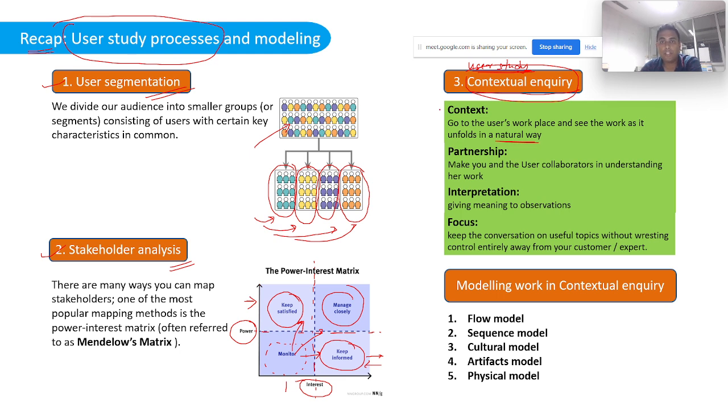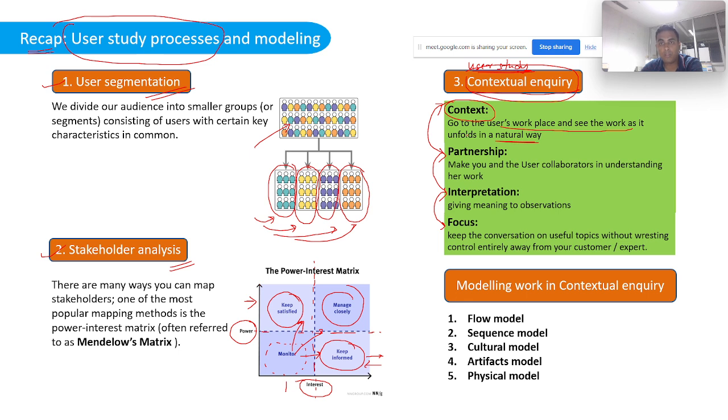Okay, so there are four key characteristics that we need to consider in a contextual inquiry process. First thing is context. That means we as designers go to the workplace and see the work, and we do not bring the user and we do not try to create an unnaturalistic scenario to make the work happen.